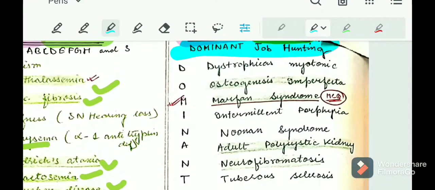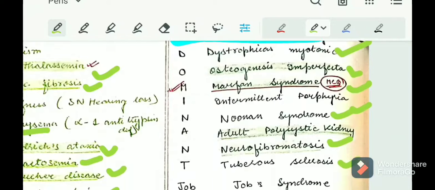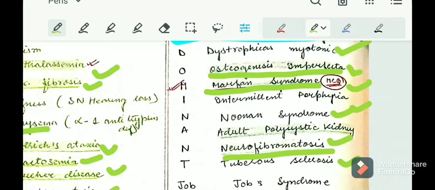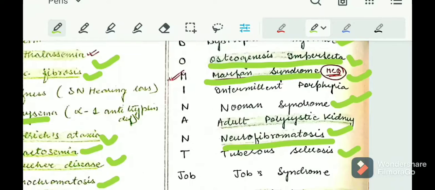So here D for dystrophia myotonica, O for osteogenesis imperfecta, M for Marfan syndrome, I for intermittent porphyria, N for Noonan syndrome, A for adult polycystic kidney, N for neurofibromatosis, T for tuberous sclerosis. Here important ones are Marfan syndrome, osteogenesis imperfecta and neurofibromatosis. Remember these, that will be enough.